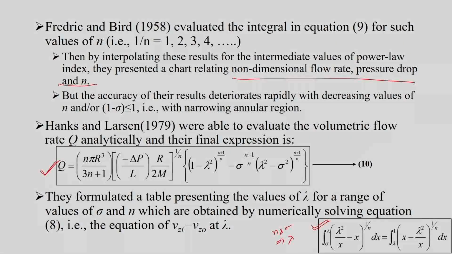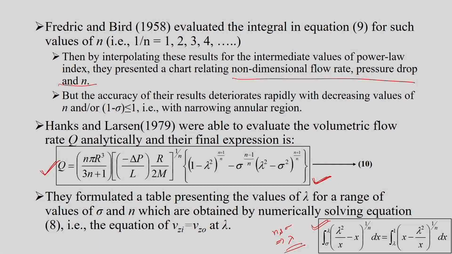Using those lambda values, they obtained the volumetric flow rate expression given like this, equation number 10. So, Hanks and Larsen have provided an expression for the volumetric flow rate for this case of power law fluid flow through a concentric annular region, right.